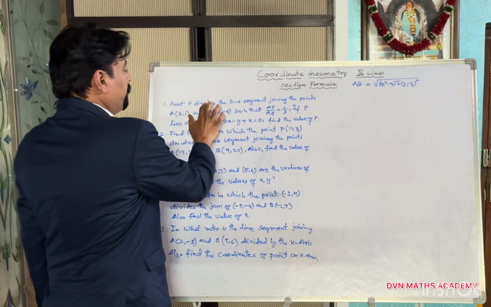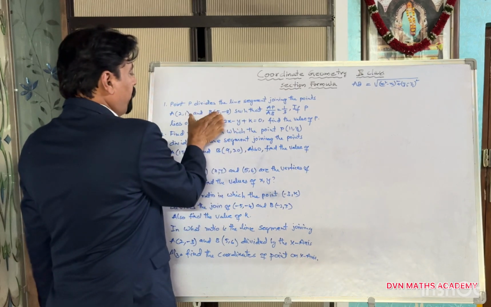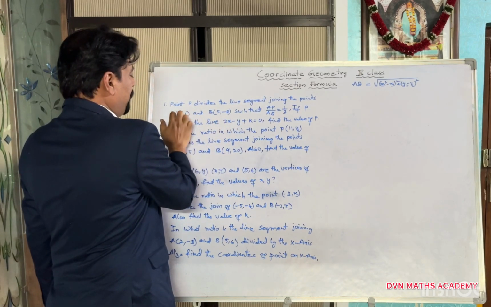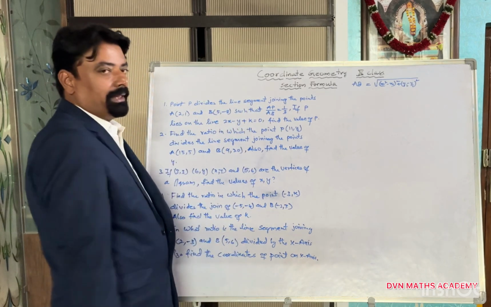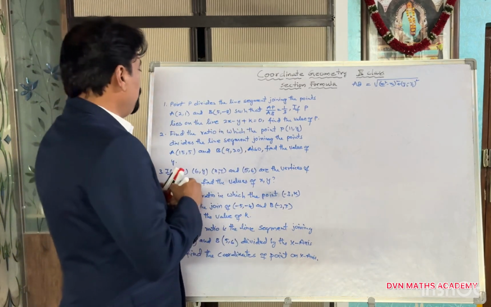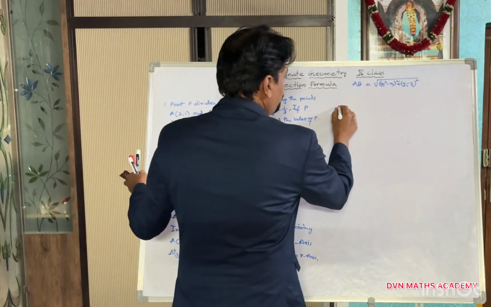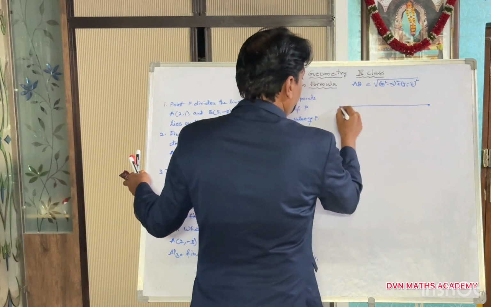Here point P divides the line segment joining the points, where A is (2, 1) and B is (5, -8). So here the ratio is not given. If you understand the question, this is my line segment AB.